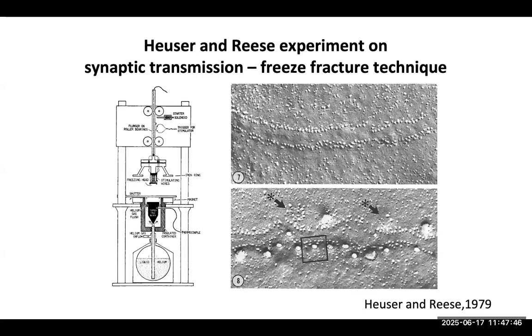Here you have the release happening, so you can actually see the hole, or the membrane getting bigger. And this is right after stimulation. So you can see the heterogeneity of the different stages of the synaptic vesicle cycle on the same synapse, which was interesting. This doesn't happen in mammalian or in the central nervous system, but this is in the frog neuromuscular junction.